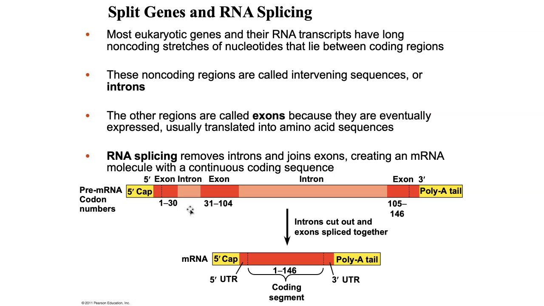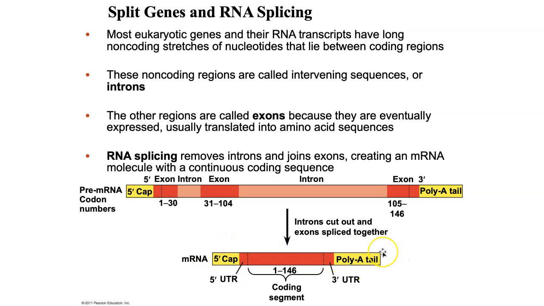So we don't want any interruption, so we're going to splice out. Splice just means that we're cutting it out, and then we're going to glue the other pieces on each side together. So we're going to splice out this intron and splice out that intron. And then we are left with just our exons, which is our coding regions. So we have all the dark red here. We still have our 5' cap.